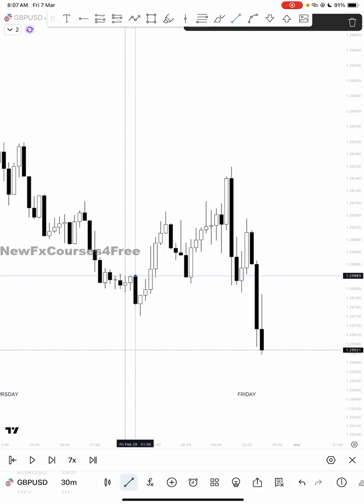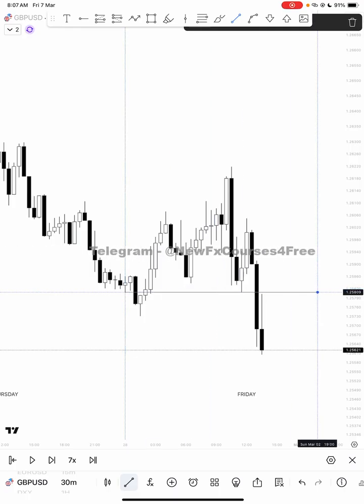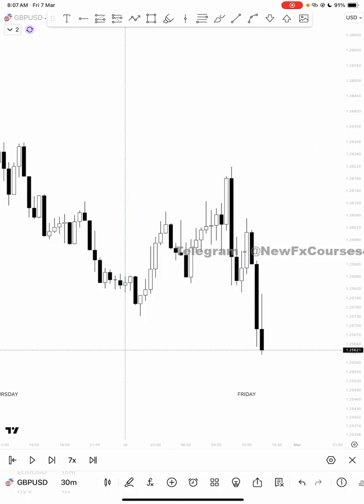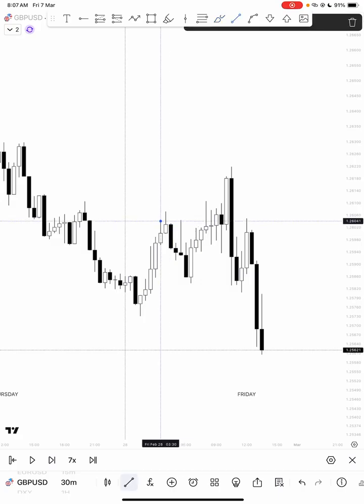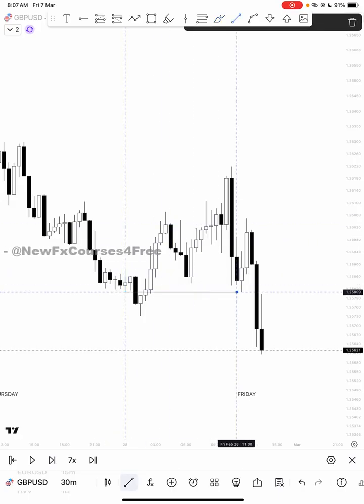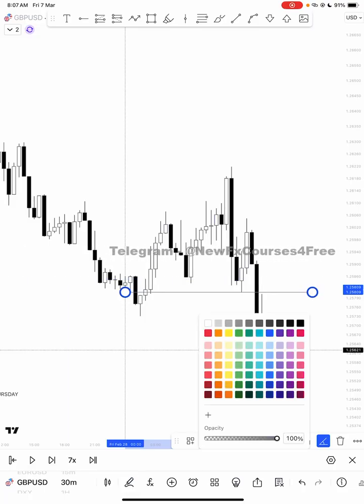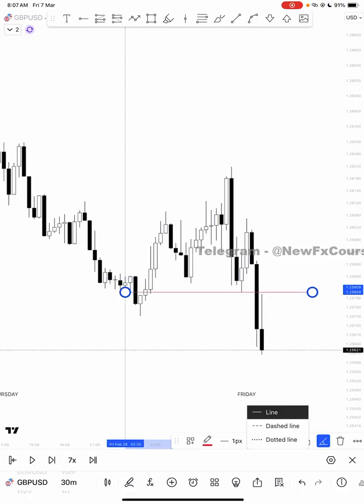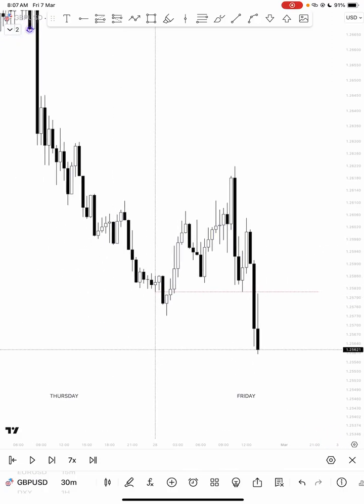So here you mark out your daily open candle. Let me mark this out. So marking this out here, you've got your daily opening price.